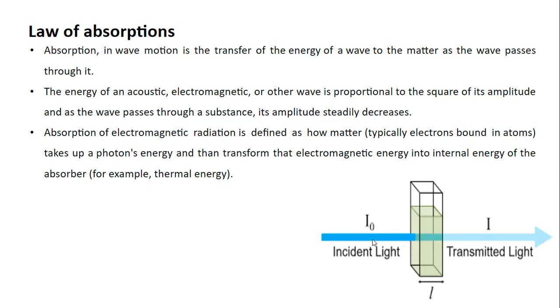You can see the intensity of this incident light, which is I naught, just before entering the liquid medium, is absorbed by that liquid medium to some extent. By what ratio? By the square of its amplitude, right?